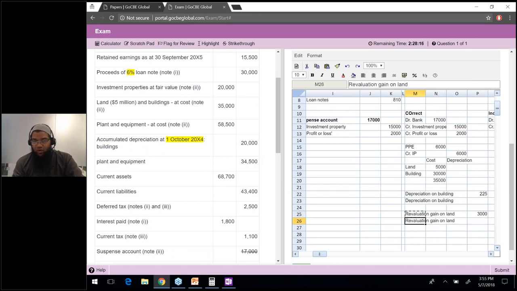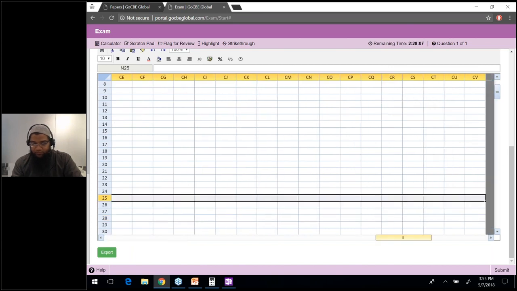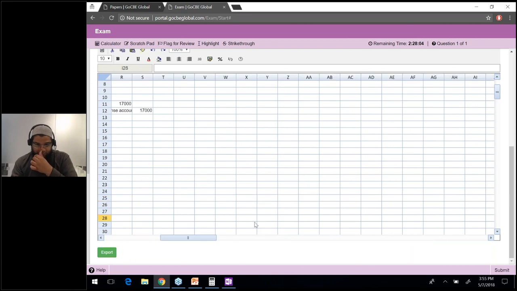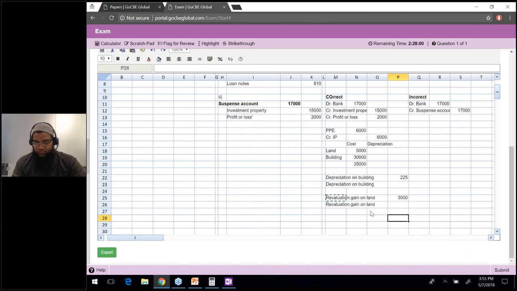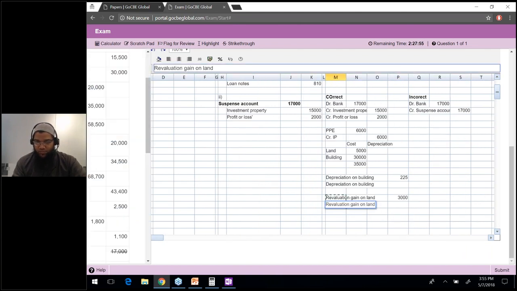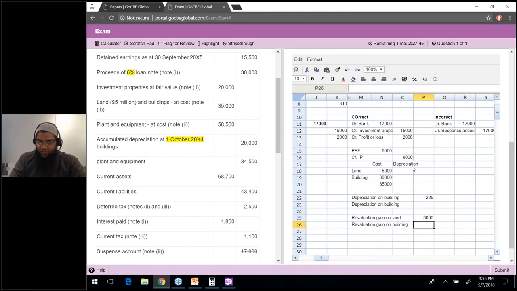Similarly, the revaluation gain on building is actually 30,000 minus 6,000, because 30,000 includes the 6,000 transferred from investment property, minus the depreciation of 20,000, which will give us the net book value of the building, which was 4,000.